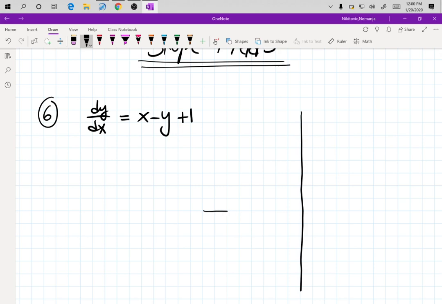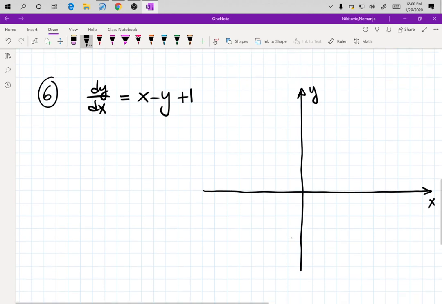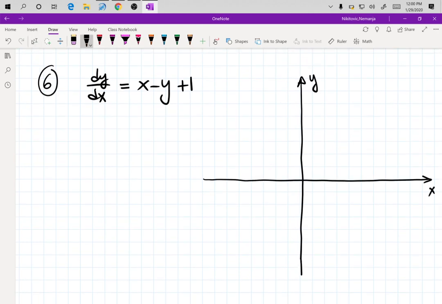Otherwise, it will be a mess. And it's very important to draw big. Even if you are used to drawing small, this is the time to draw big. Yes, that's why I said it.